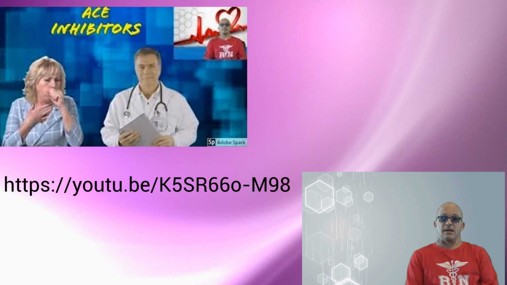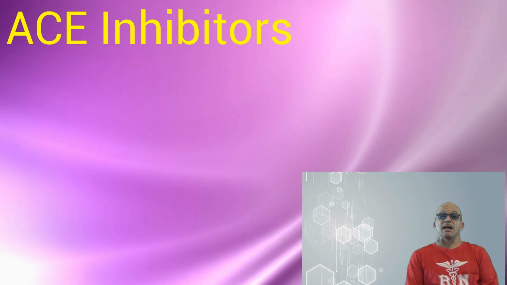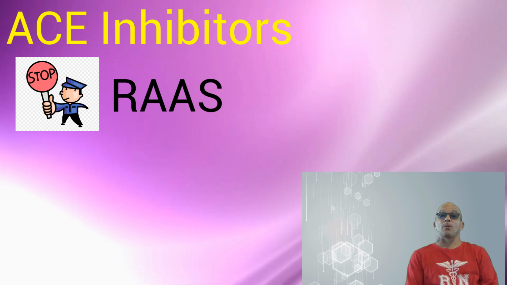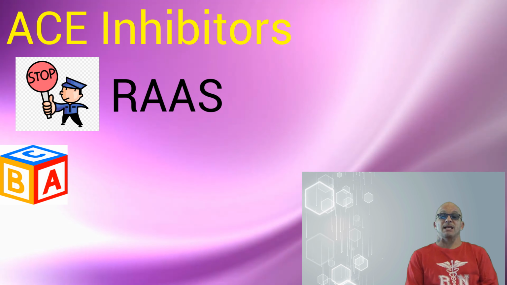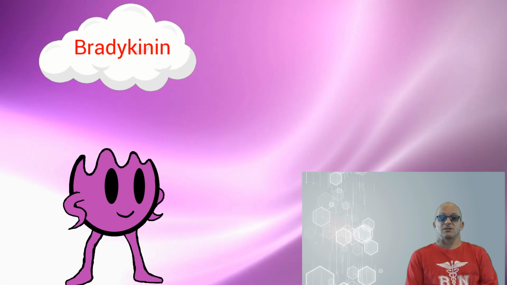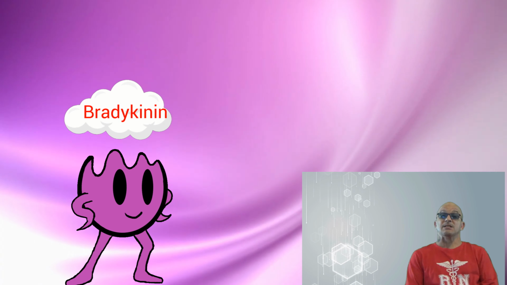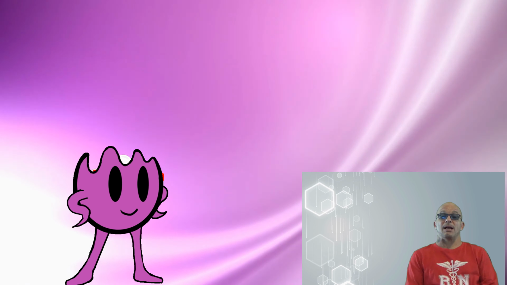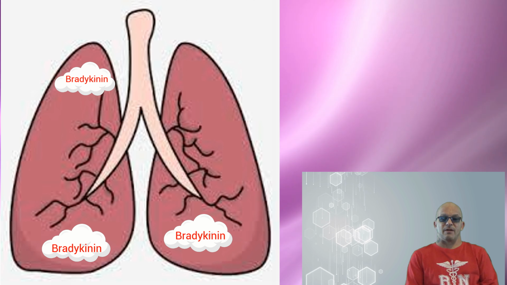Now, if you watched my video on ACE inhibitors, you will remember that ACE inhibitors stop the RAS system by blocking the enzyme ACE in the lungs. Remember, ACE is responsible for the breakdown of bradykinin, which is an inflammatory substance in the lungs.